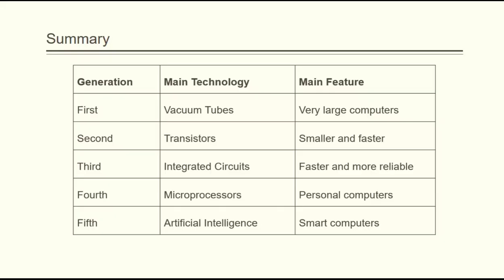The fourth generation uses microprocessors, and it features mostly personal computers. The fifth generation uses artificial intelligence, and its main feature is smart computers.